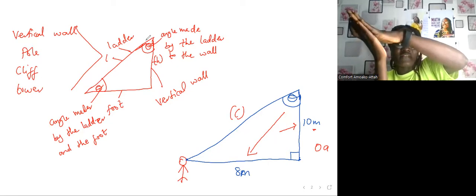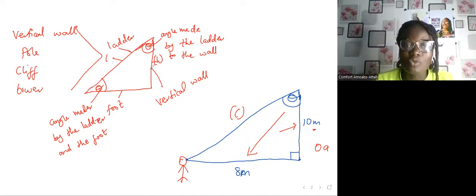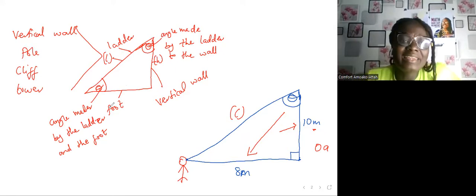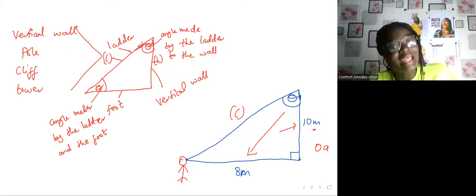This side will be the height of the wall, because obviously this is the wall. The length of the ladder will be this side, and the foot will be this side. And moreover, this ladder is making an angle to the vertical wall at the top over here.